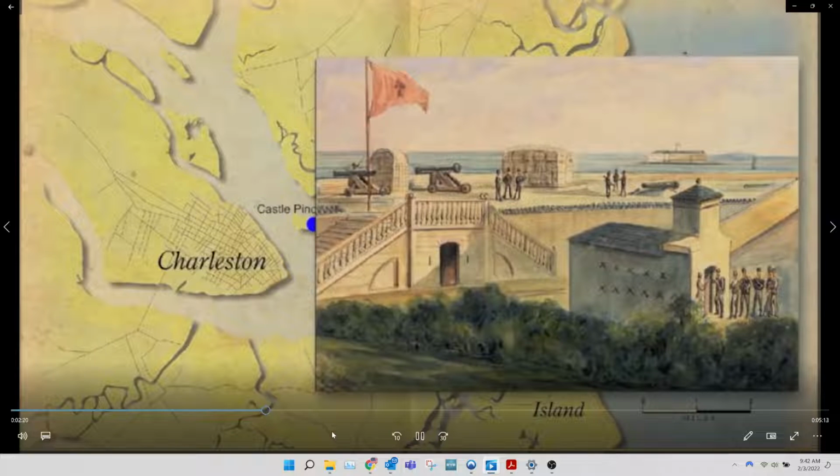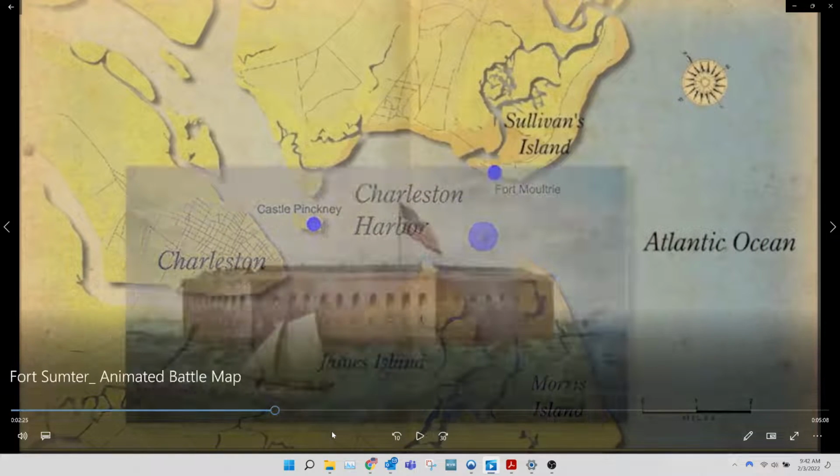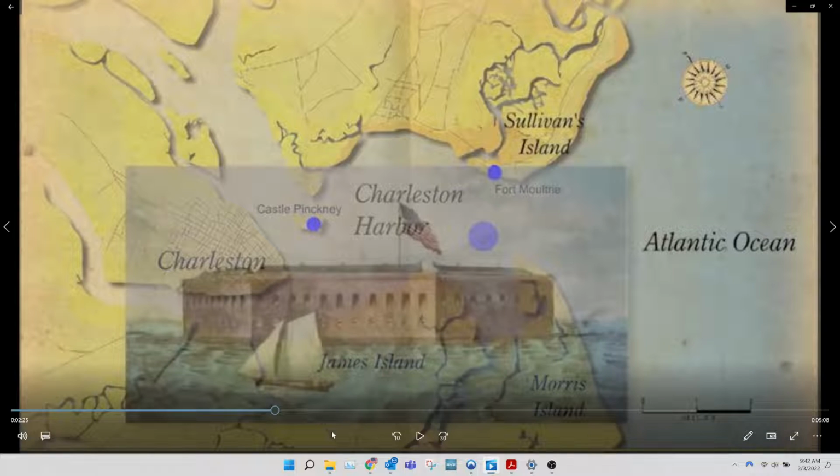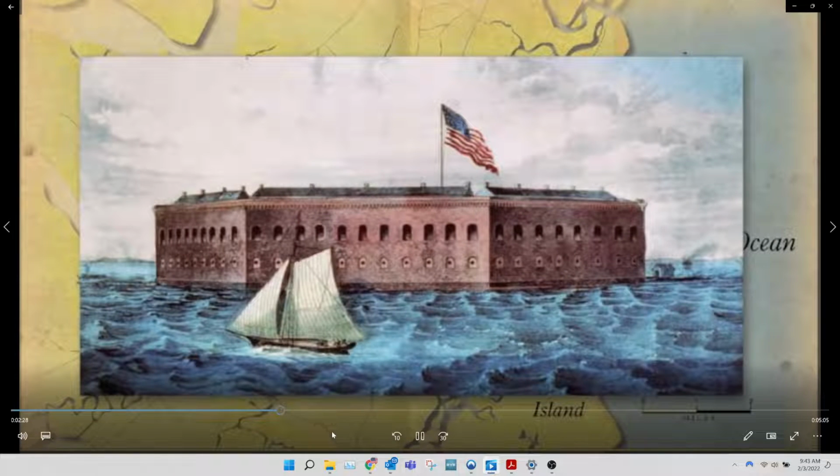With 50 cannon mounted, it served as the major fortification to defend Charleston Harbor until the beginning of the war. Fort Sumter was an imposing sight.